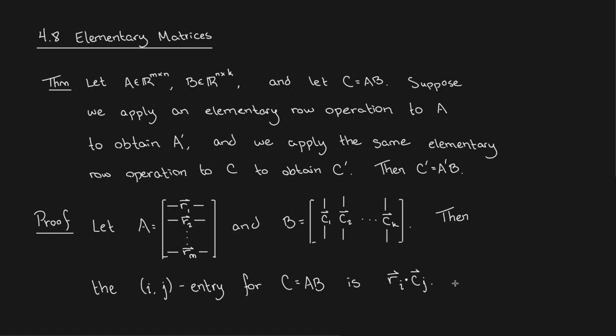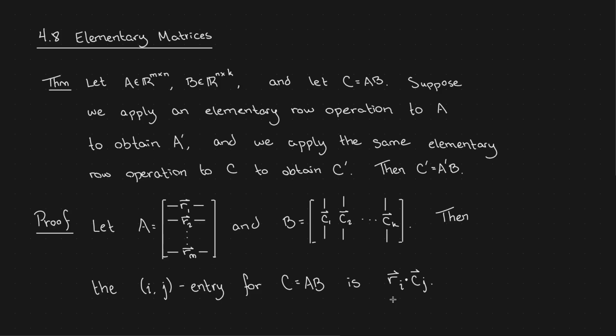This is just how we define matrix multiplication. The entry in the ith row and the jth column is just the dot product of the ith row of matrix A with the jth column of matrix B.